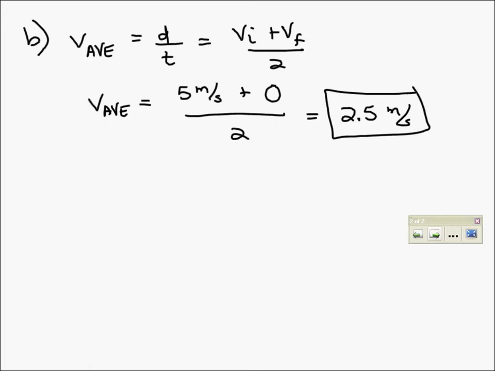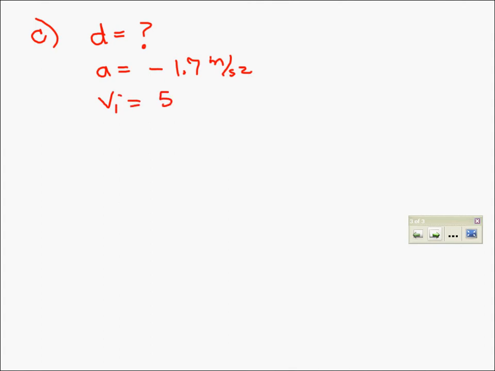Part C asks, how far does the box slide? How far will be our d variable. d equals our unknown. Remember, our a is negative 1.7 meters per second squared. Our vi was 5 meters per second, and vf equals 0.